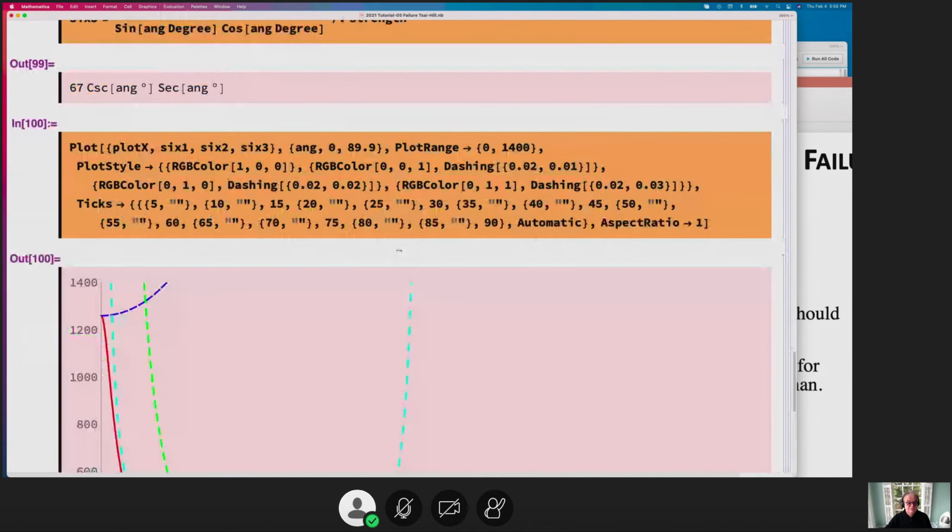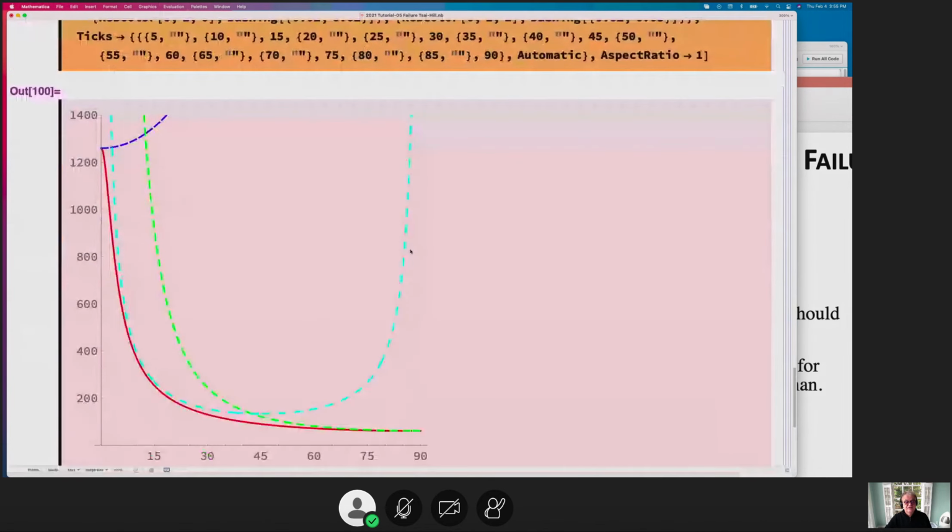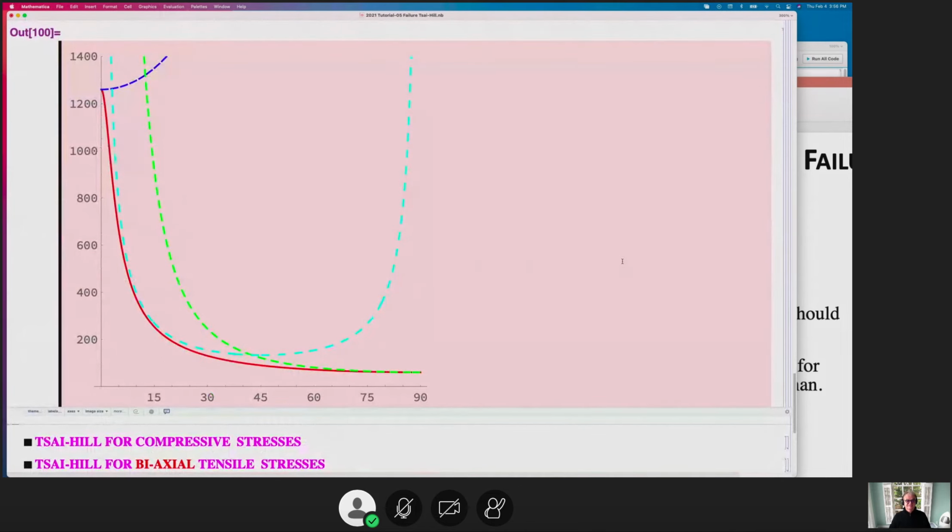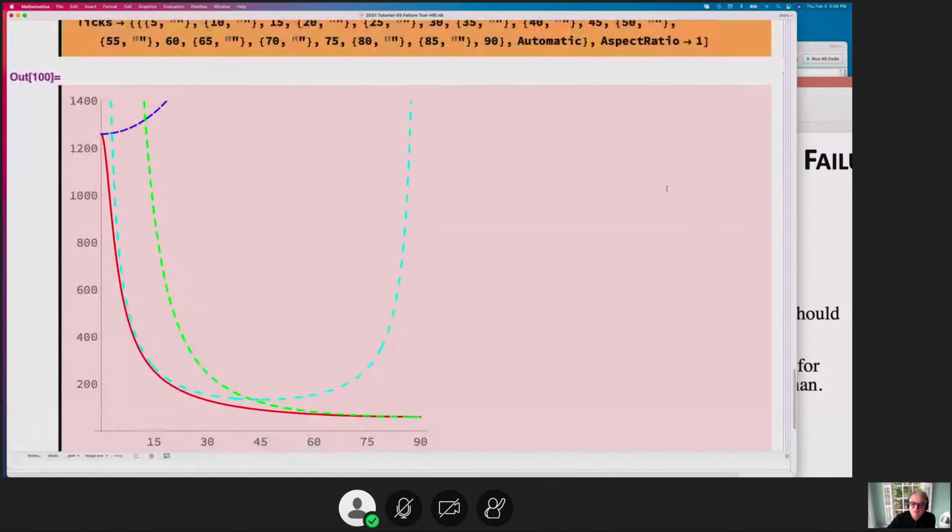So if I make those failure loads, this is what I get. So what is this telling me? If I assume max stress criteria based on fiber failure, this is how my failure envelope will change.